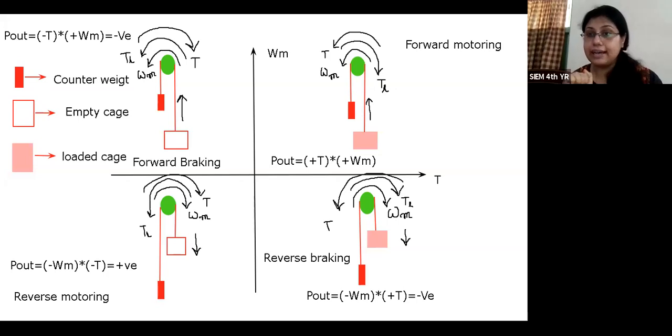Please draw the diagram, write down the symbols, write down the output power, and write down the specific name of each and every zone.